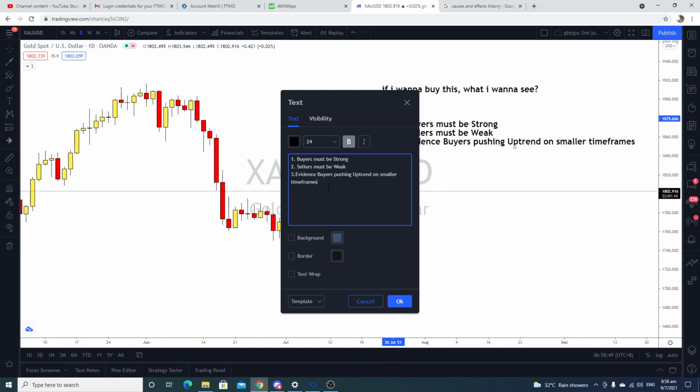Then I would buy. Number 4, price must rotate, just a bit of change, retrace. Price must retrace to value areas.